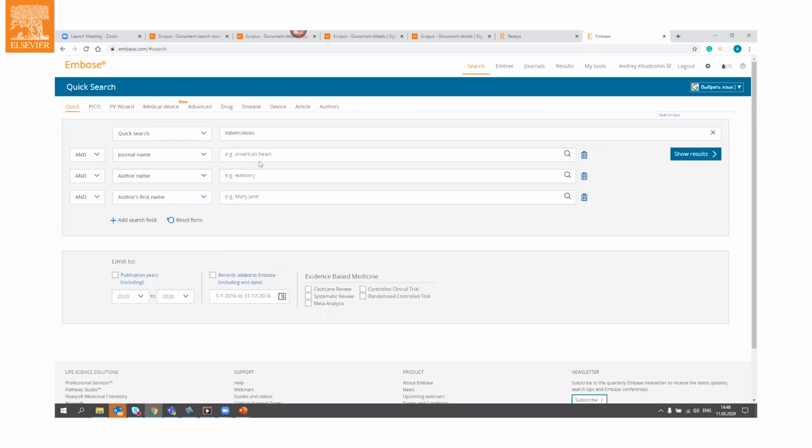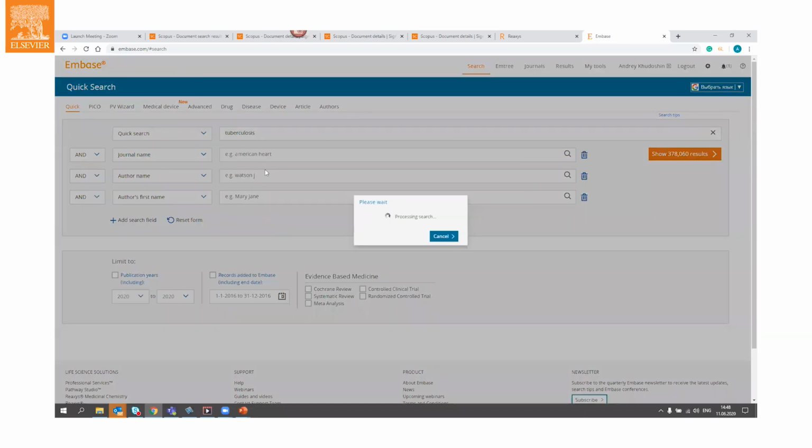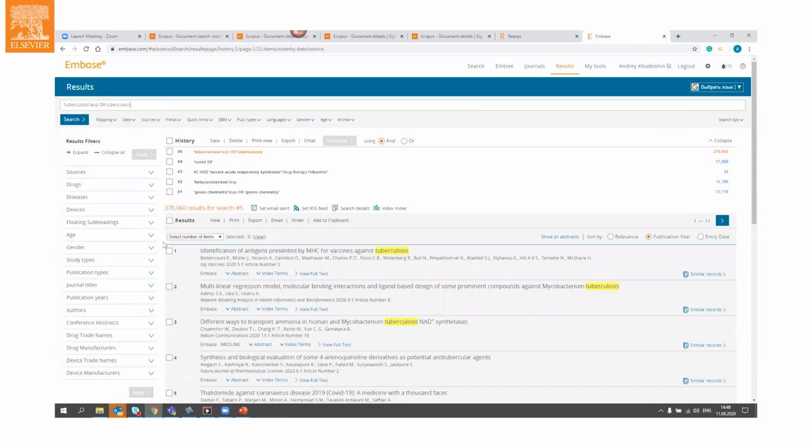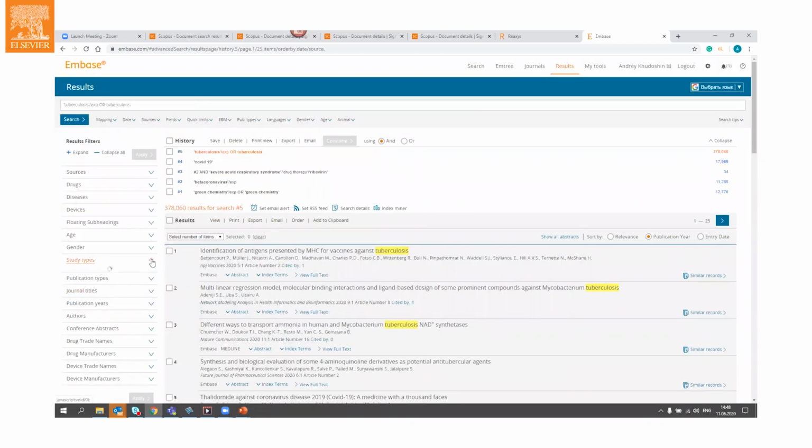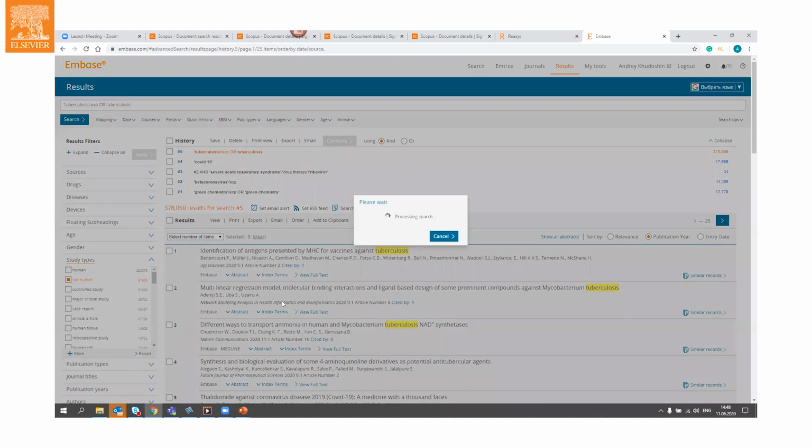So for example, right now I can easily search for tuberculosis, and we can go to different study types. For example, we are interested in animal tuberculosis. That's why we can choose non-human, for example, for veterinary aspects.